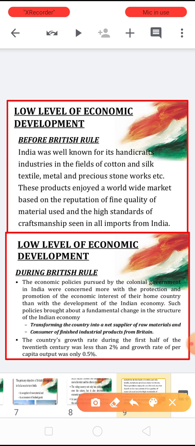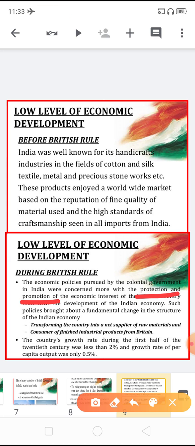So, during the British rule, children, the colonial government was concerned more with promoting their own economic interest rather than the development of the Indian economy. They were majorly inclined to get more and more raw materials from our country, which they could export free of cost to their own country, Britain, England.